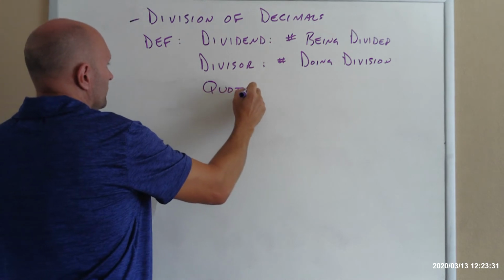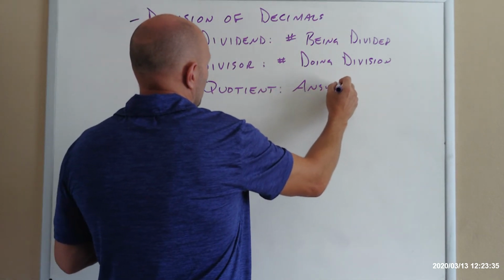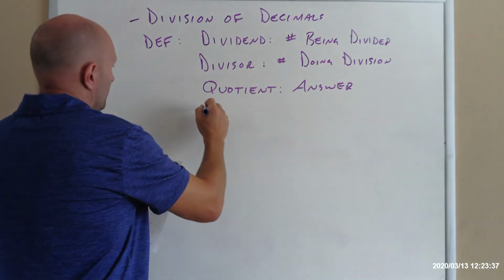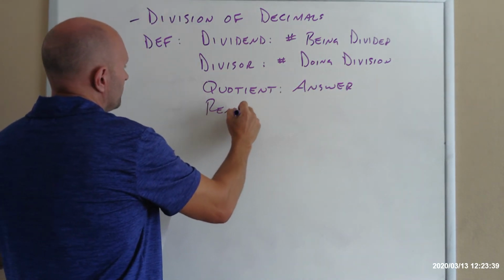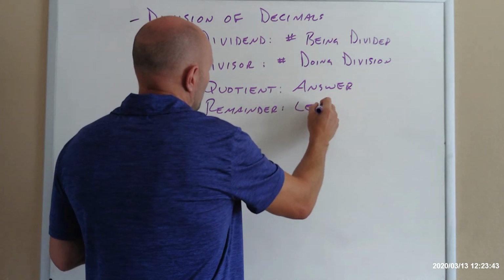Quotient is the answer portion, and the remainder is the leftover, the remainder part.